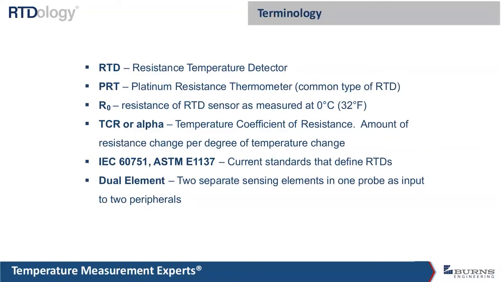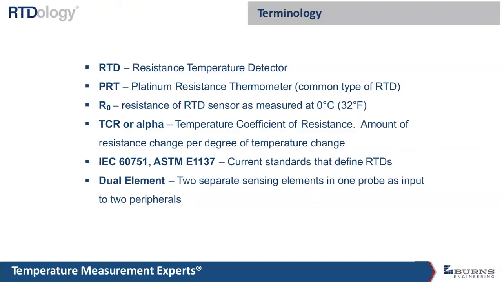R0 is just the resistance as measured at 0 degrees C. And then the temperature coefficient of resistance. Now, this is really important to identify which temperature coefficient the sensor has that you're trying to replace, or if it's a new system, just to make sure that you get the correct temperature coefficient, because it's really important to match that to your electronics that you're connecting it to, to ensure that you get an accurate measurement.